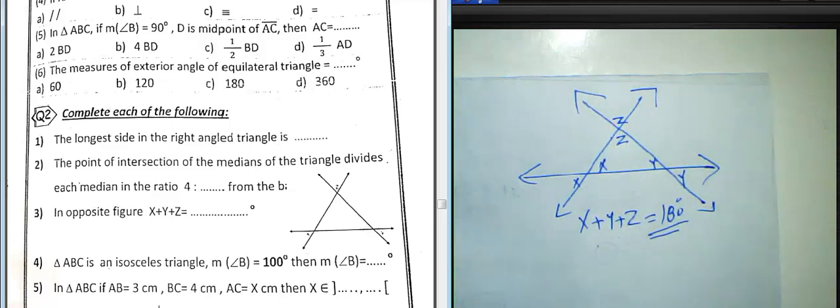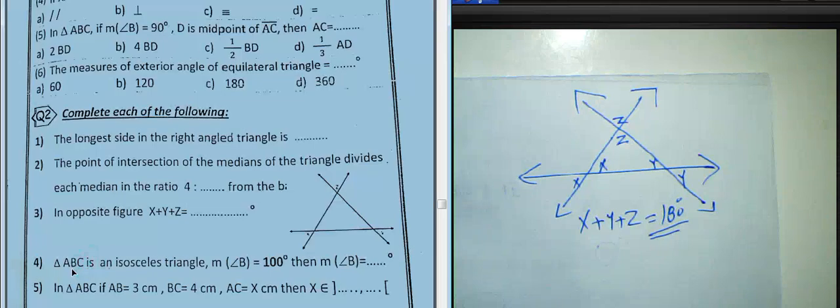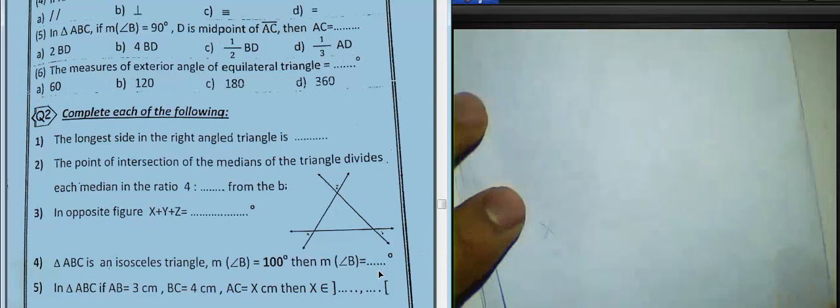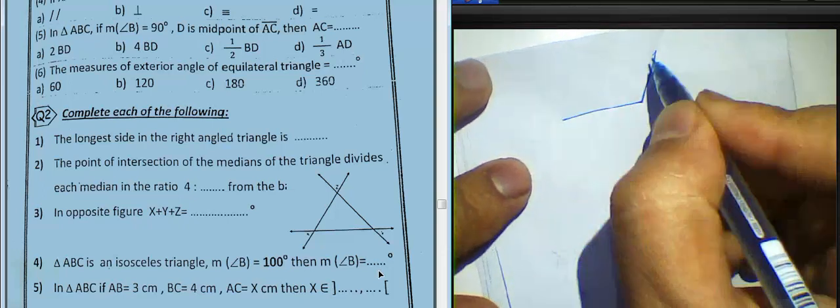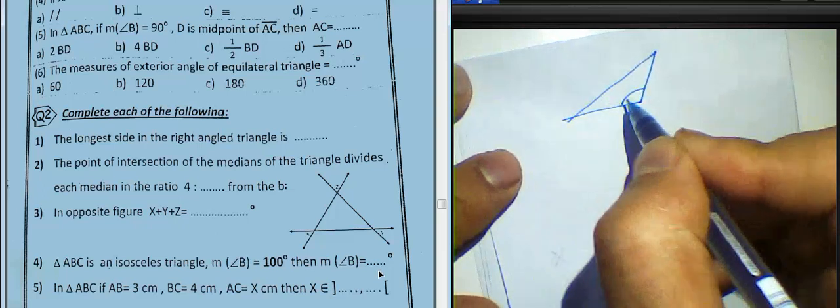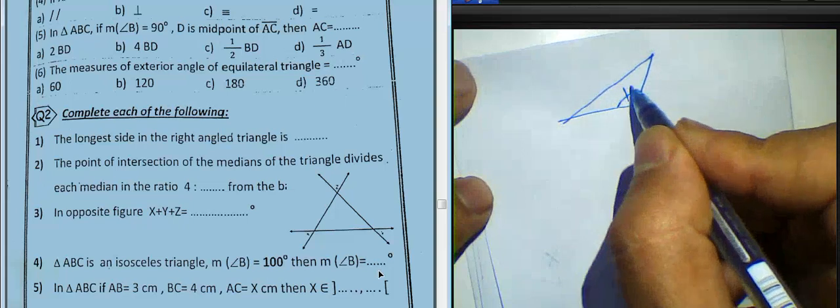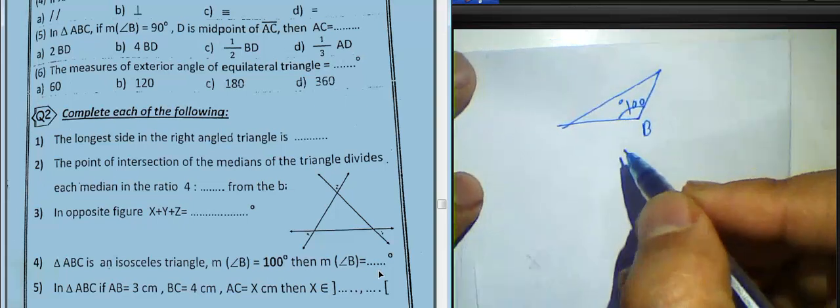Question number 4, down here, look with me. Triangle ABC is an isosceles triangle, and the measure of angle B equals 100, then the measure of angle blank equals how many degrees? Can you draw the isosceles triangle with me? It's very easy, because the measure of the vertex angle here is 100 degrees.